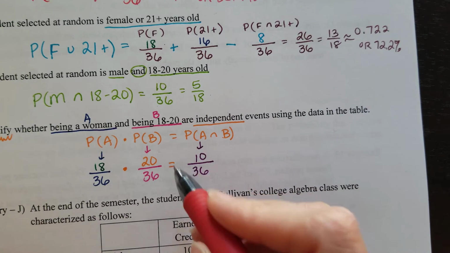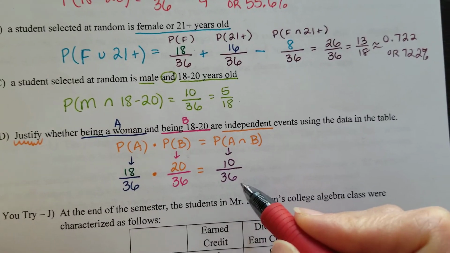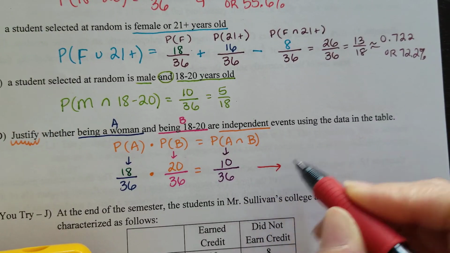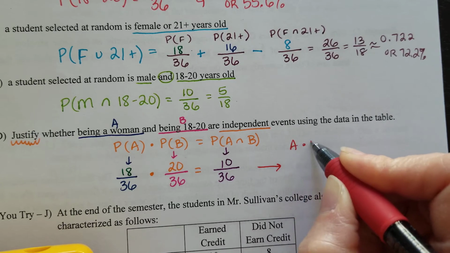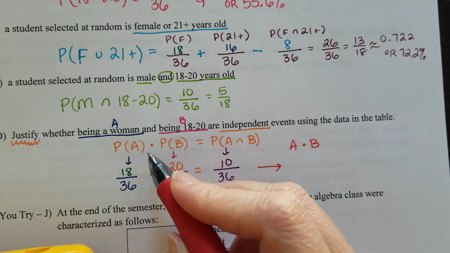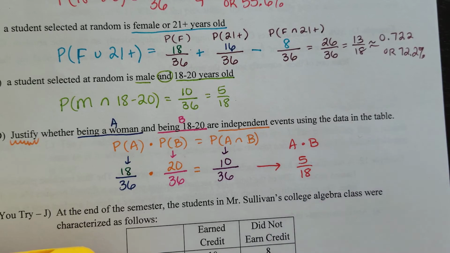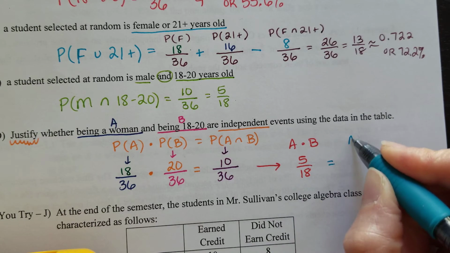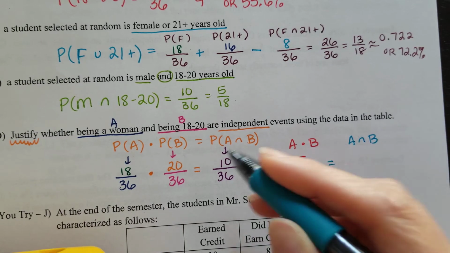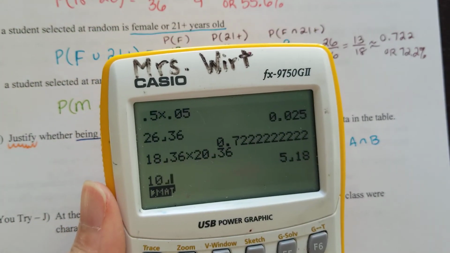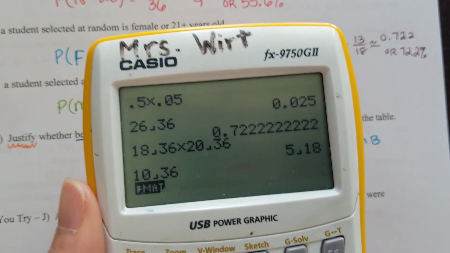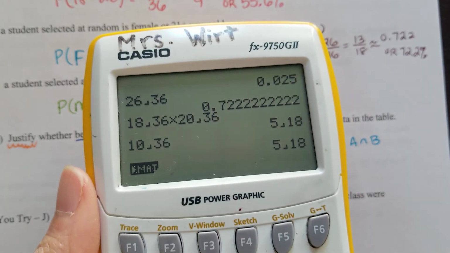And so I'm going to write this direction. So A times B, I'm shorthanding a little bit and not using my probability notation, gave us 5/18. And then I would do over here A and B. And so if I put that 10 over 36 in my calculator and it reduces it for me, I'm going to also get 5/18.